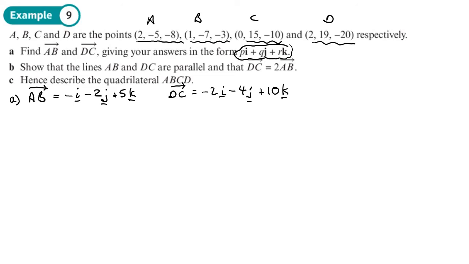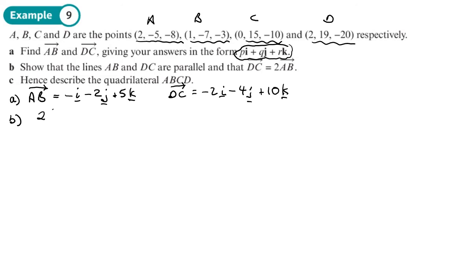Part B, show that the lines AB and DC are parallel. Okay, so these two lines here should be parallel. Well, I can see they're parallel because if I multiply that by 2, I get that. So I can show that just as they want.